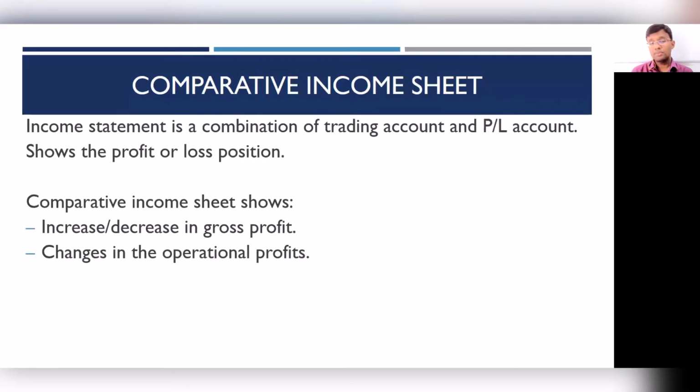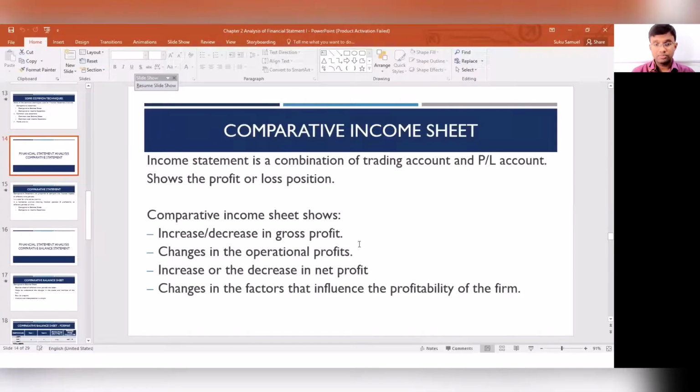Here, we want to know what changes the firm has with respect to its operational activities. Is the company doing well or not so well? For us to understand that, we will have to prepare the income statement. Then we want to know about the operational profit. Is the company doing well in terms of operational activities?